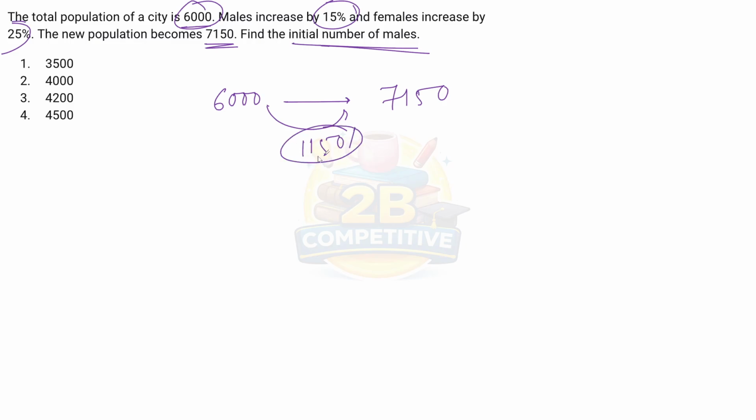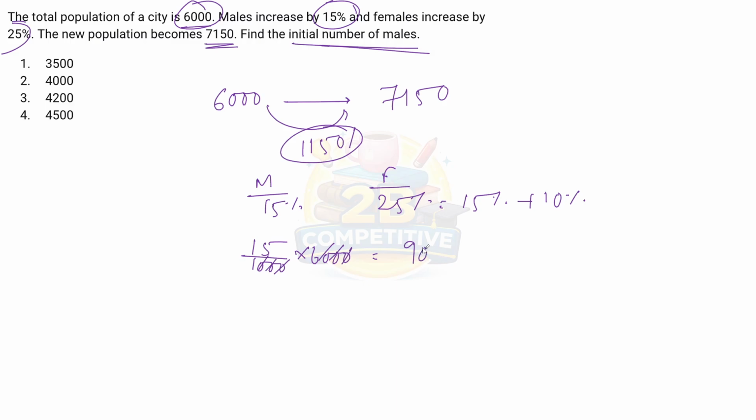So in this increase, male increased by 15%, whereas female increased by 25%. So in this case, we can see that both increased by 15%, right? Female increased by 15%, extra increased by 10%. So 15% of 6,000 will be what? 15% of 6,000 will be 900.